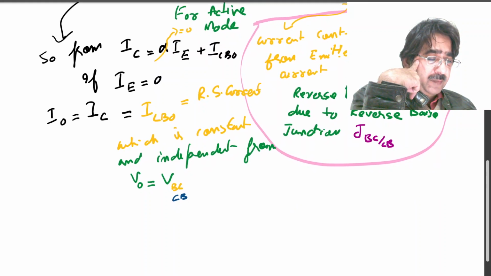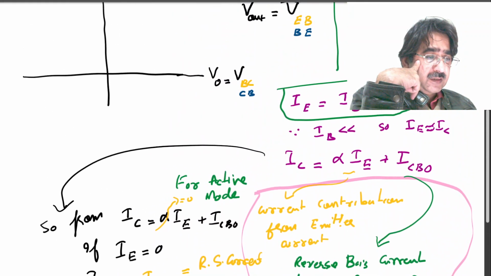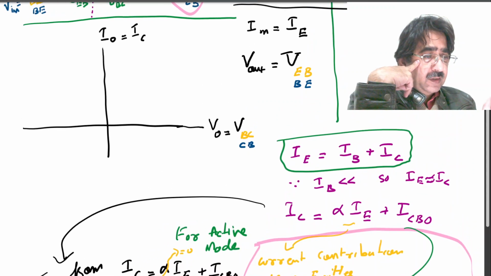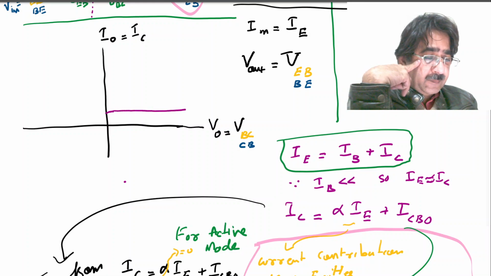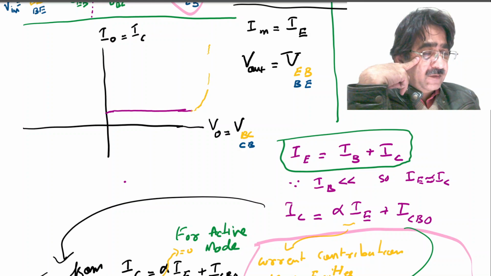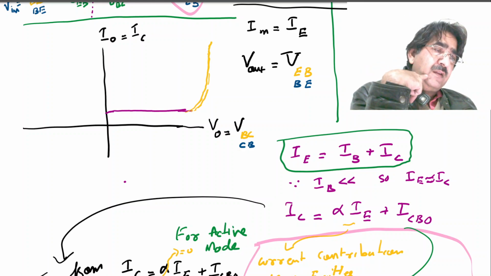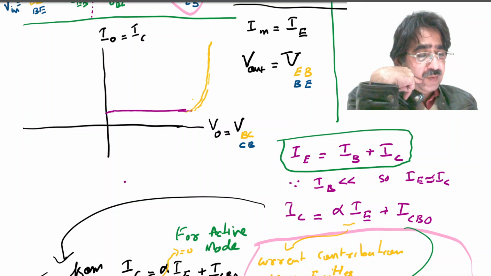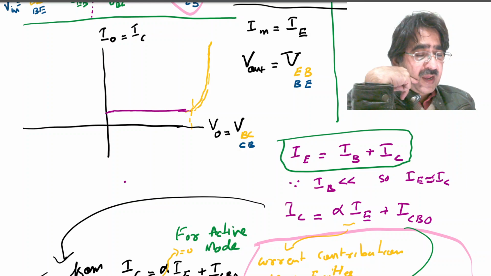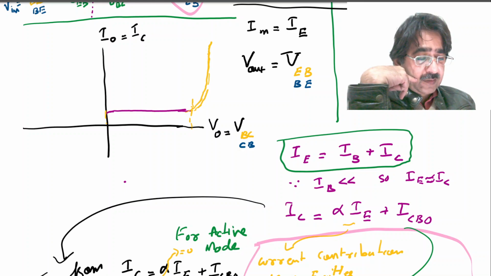So independent from that, it will be a constant, like a straight line, and then at this point there will be a breakdown, Zener breakdown.